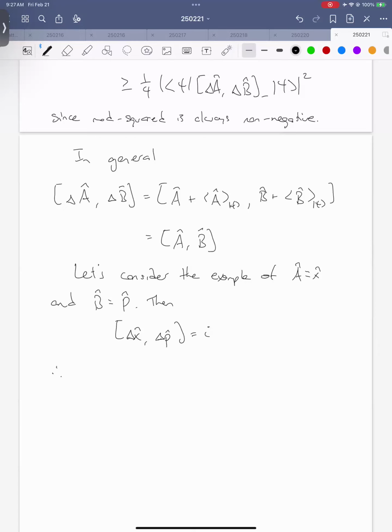And therefore the variance of X multiplied by the variance of P is greater than or equal to a quarter. If you want, in one of the rare occasions, we can restore our h bars.